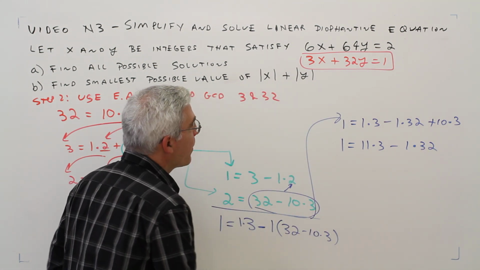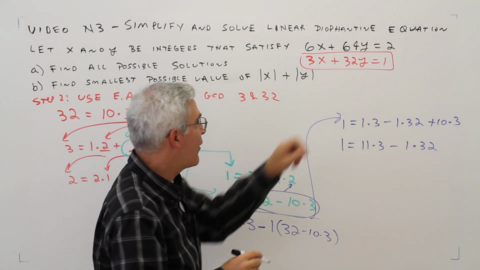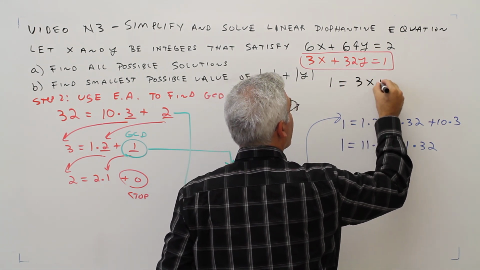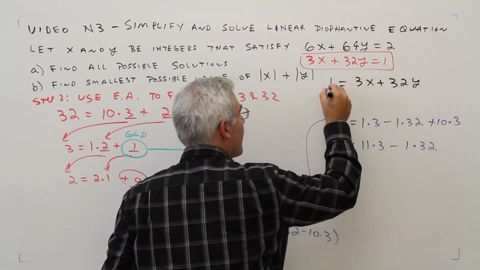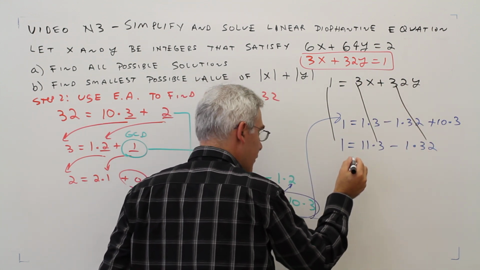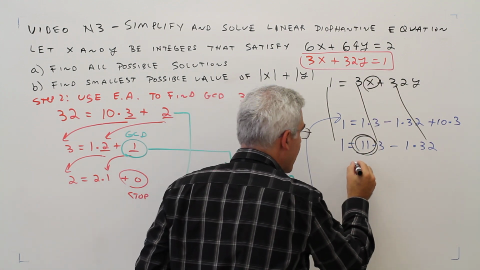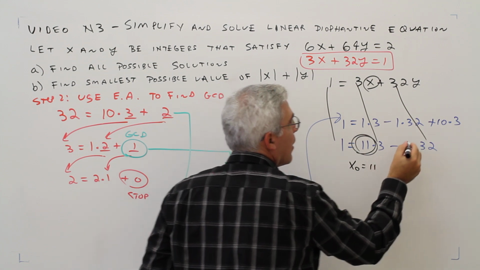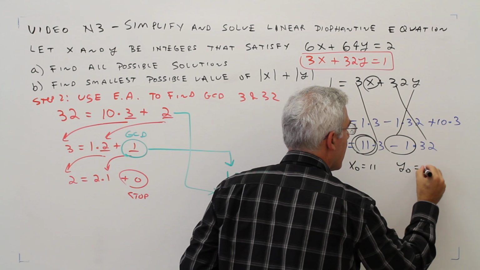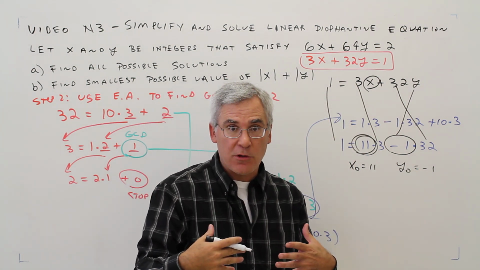And again, if we write it in a slightly different way, just so you can see it better, 1 equals 3x plus 32y. So here's the 1s, here's the 3s, here's the 32s. So 11 is going to be our x naught, and minus 1 is going to be our y naught. So again, those are my specific solutions.